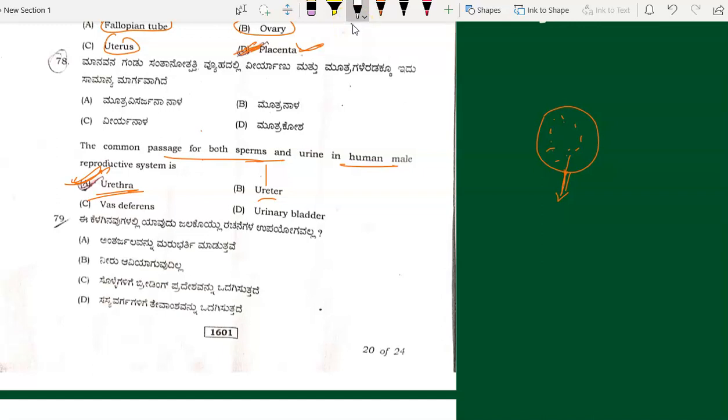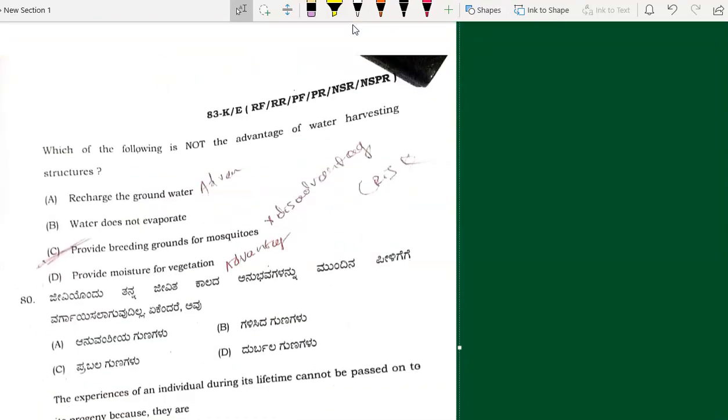The next question, 79th. Here we have: which of the following is not an advantage of water harvesting. So if you see, recharging the groundwater is an advantage of water harvesting.